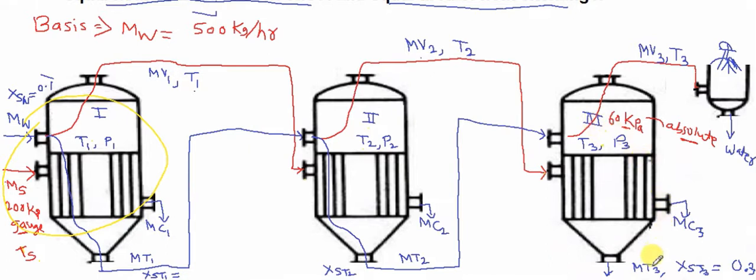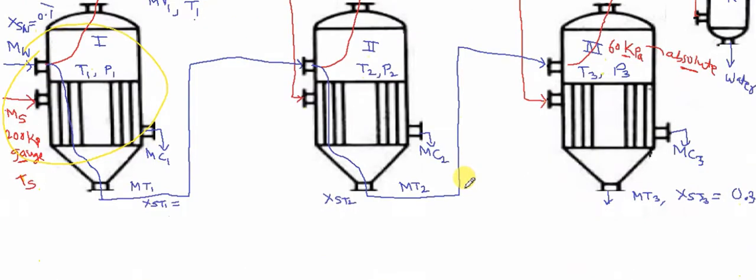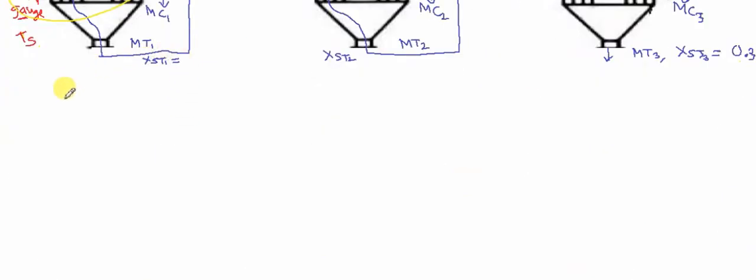The initial concentration of solute in the weak liquor, that is the first liquor, is 0.1, while the final concentration you are getting here is 0.3, because 10% to 30%. Now with this data, I will try to solve this problem. Please concentrate. We will use our material balance equation to find these concentrations. So step by step we will solve that.